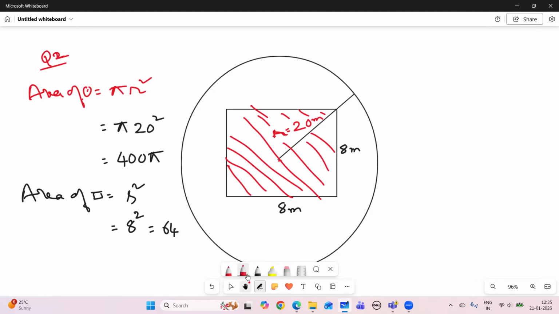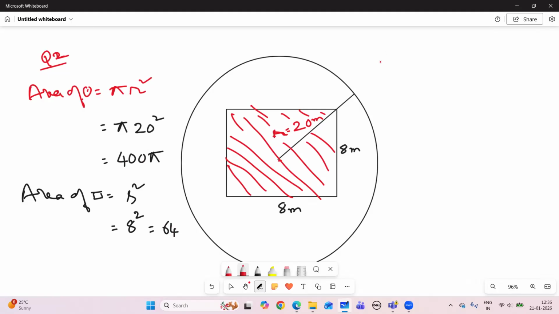So for the square region, we have already calculated the area, and we have to find the ratio, the probability for him to grow a plant inside this park. Means we have to divide the area of this square by the area of the circle. That is this by this. Okay, 64 by 400 pi.